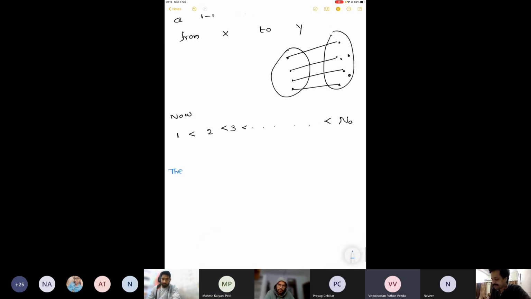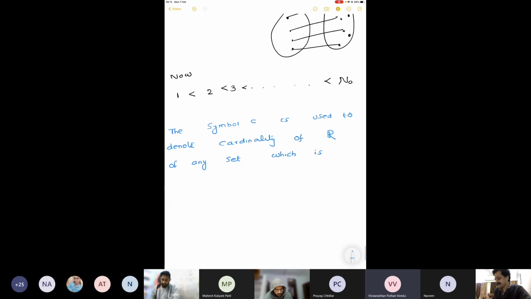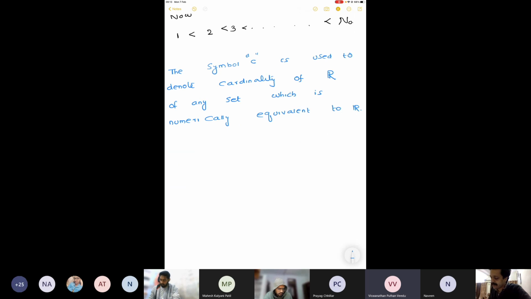The symbol C is used to denote the number of elements, or cardinality, of R or any set which is numerically equivalent to R. So C is called the cardinal number of the continuum.